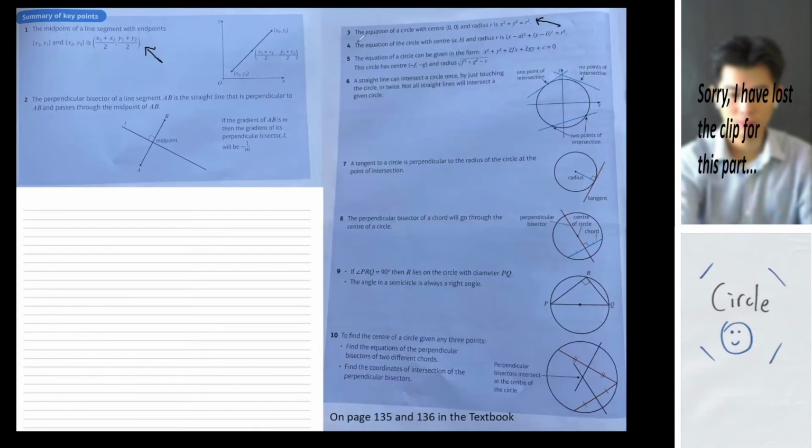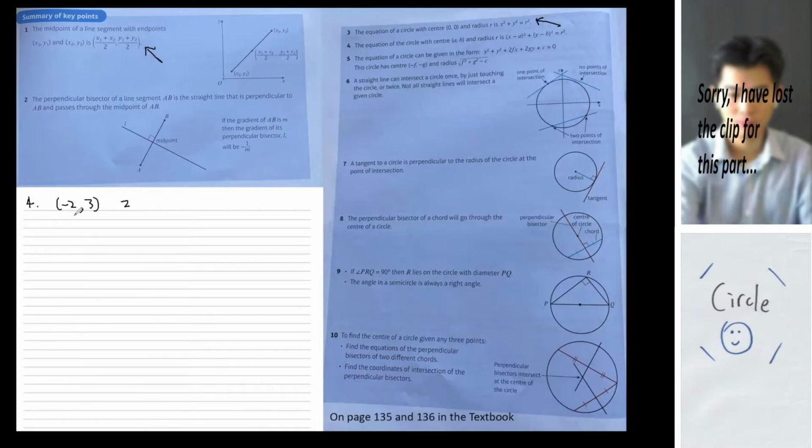For part 4, the equation of the circle with center (a, b) and radius r is (x minus a) squared plus (y minus b) squared equals r squared. Let's say I have a circle that has the center of (-2, 3) and has the radius of 2.